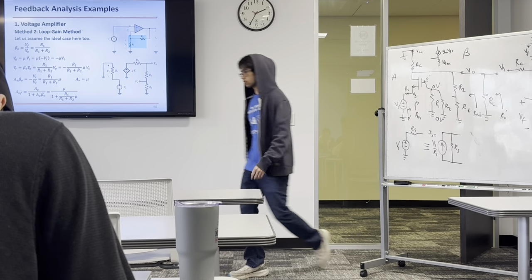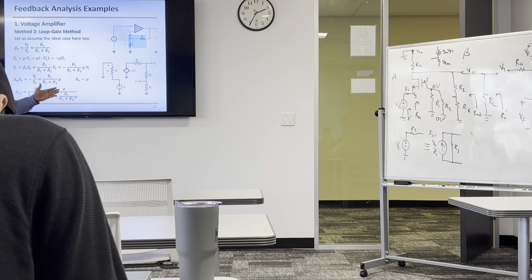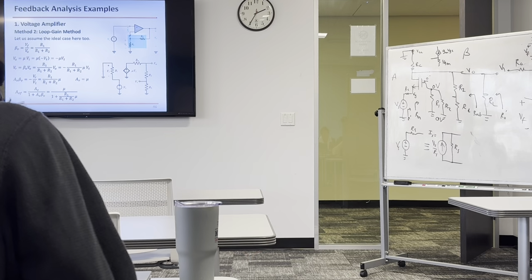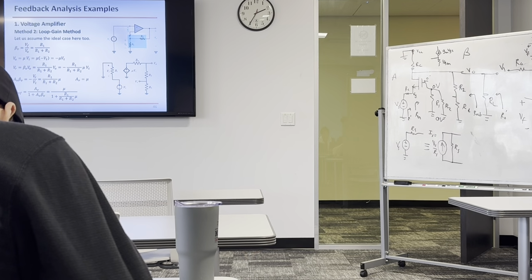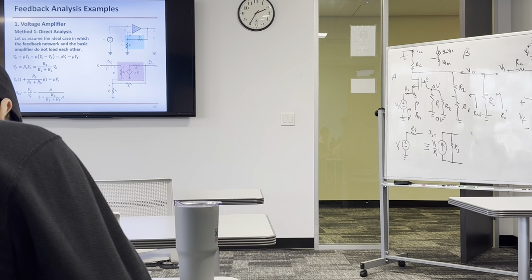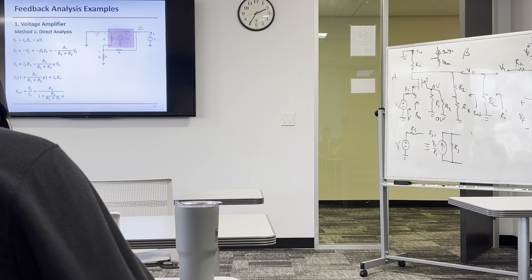So it is beta times A. Then you divide the gain, mu, by 1 plus A times beta, which gives you the feedback gain, exactly the same as what we did before. But with this method, we cannot find our input Rin with feedback nor our output R out with feedback.